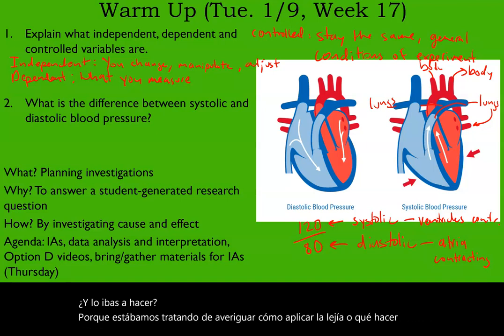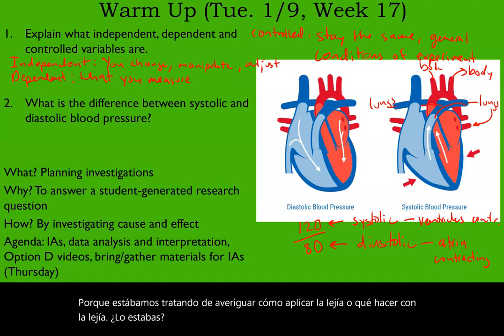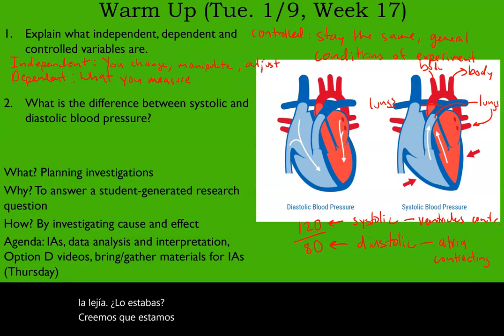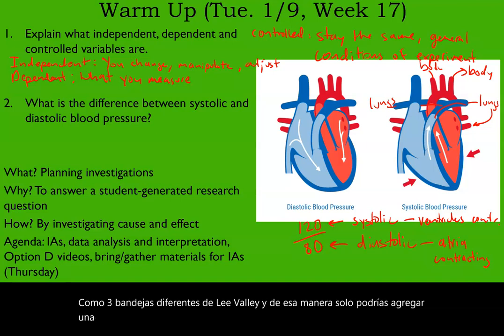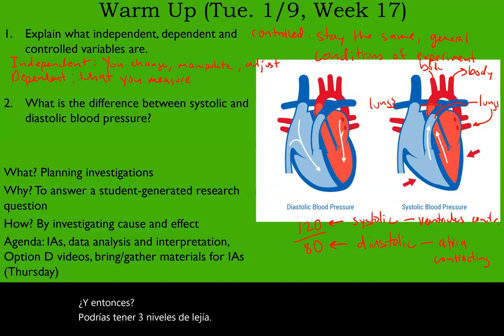Were we thinking of using three different Lee Valley trays, and that way you could add a certain amount of bleach to the water that they're being watered with, and then you could have like 3 levels of bleach. Have you looked at what levels are typically used? And then you can tie it in with your business, right? Is your personal interest statement?